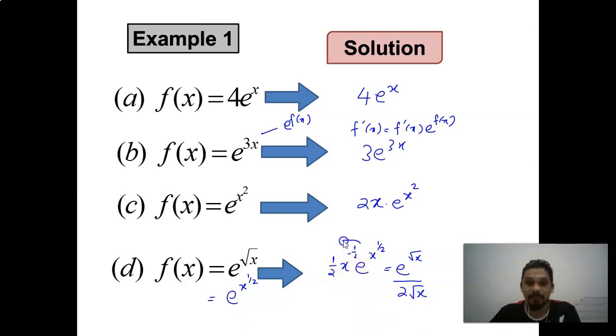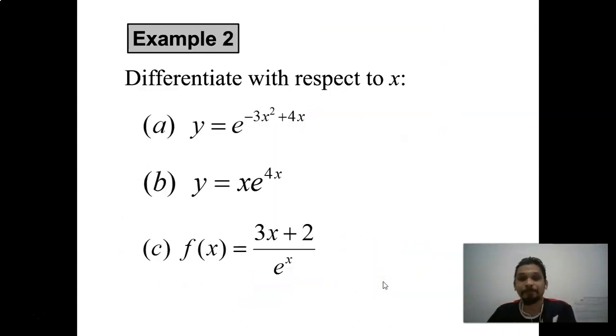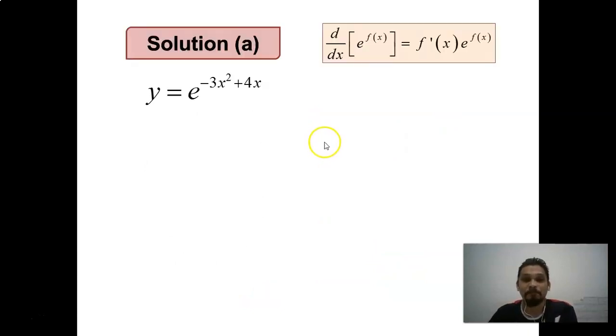Okay, so this one here equals 2 times square root of x, and e to the power of square root of x is something else here. So right now differentiate with respect to x. Okay, so let's take a look at this one here now. This is in the form of e to the power of f(x). So differentiate this function with respect to x equals f prime x.